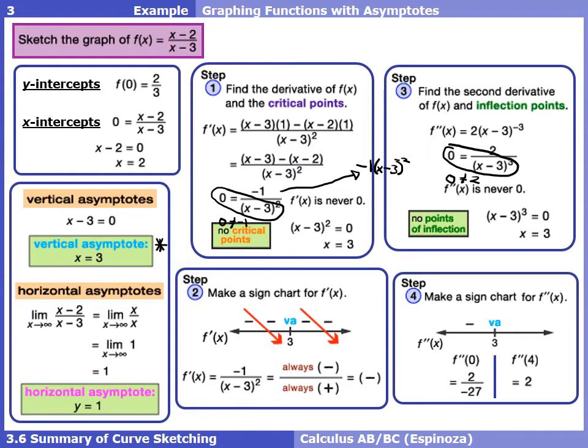If you plug in 4 into the second derivative, you'll get a positive 2, and then we'll see we have concave down to the left of 3 and concave up to the right of 3. But had we not noticed that 3 was a vertical asymptote, you might have called 3 a point of inflection. So be careful. That vertical asymptote is there, so x equals 3 is not a point of inflection.